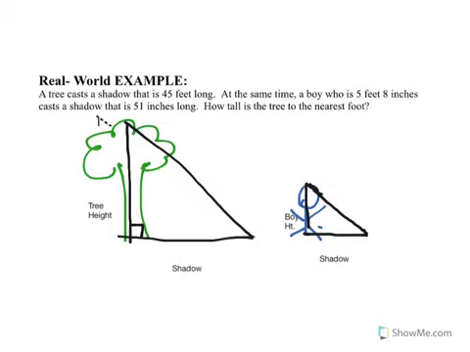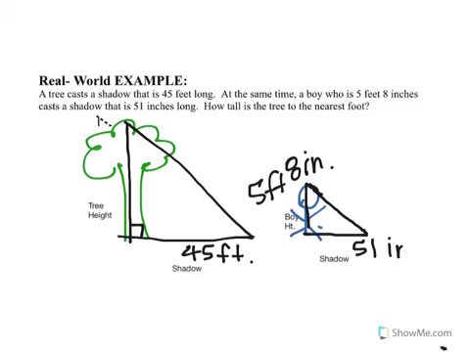Okay, let's do another real world example. Y'all have a picture already on y'all's, but for some reason my picture messed up and didn't get on here very good, so I just went ahead and redrew it. Sorry. Okay, it says, same basic kind of concept. A tree casts a shadow that is 45 feet long. So my tree's shadow is 45 feet. At the same time, a boy who is 5 feet 8 inches casts a shadow that is 51 inches long.